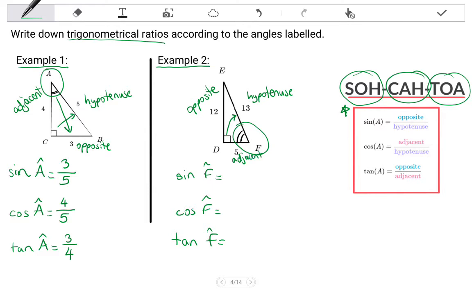It is 5 in length. So sine of F is opposite over hypotenuse, which is 12 over 13, and cosine of F is adjacent over hypotenuse, which is 5 over 13, and tangent of F is opposite over adjacent, which is 12 over 5.